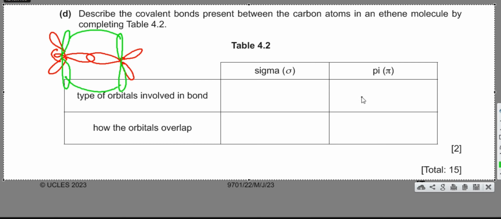So I can write that the pi bond is formed by the overlap of a 2p orbital with another 2p orbital. And the sigma bonds, this one is a sigma bond.